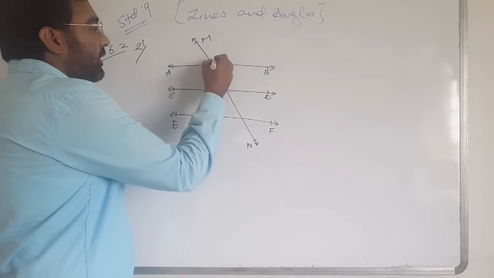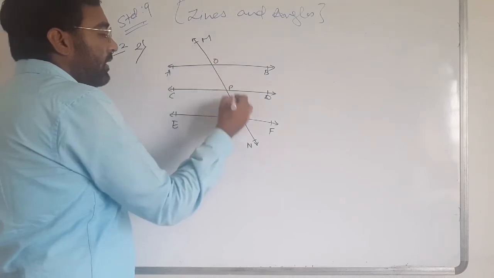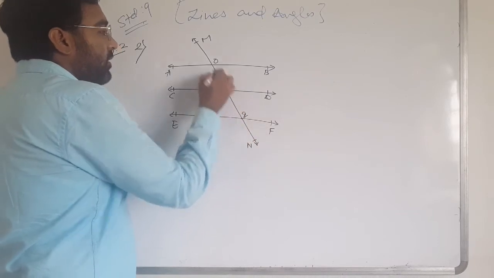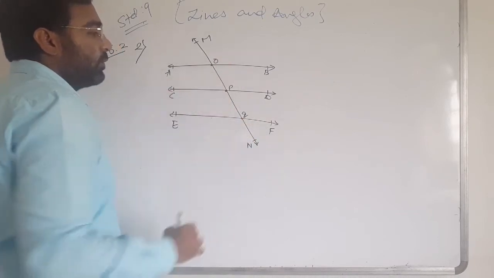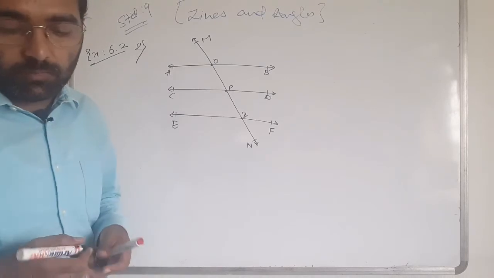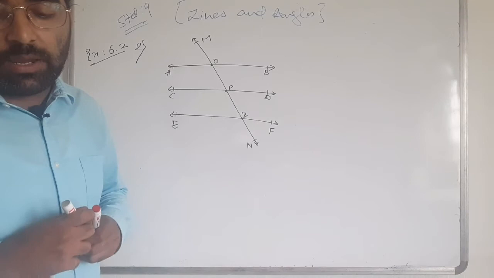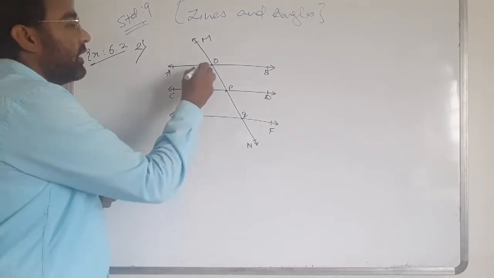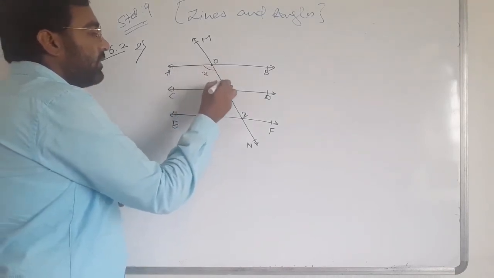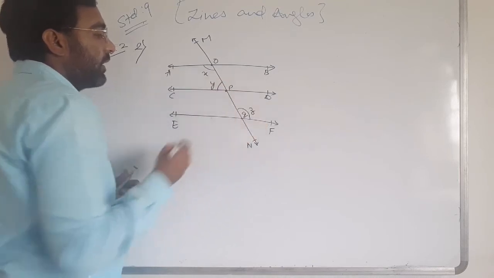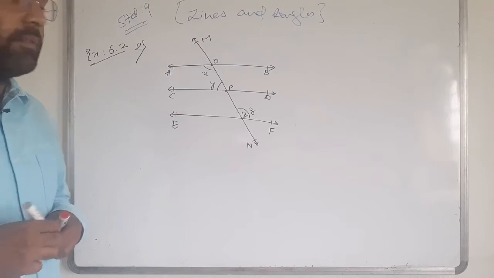Here I'll give O, P and Q as the names of the intersecting points. Now here is the angle X, here is the angle Y, and here is the angle Z.